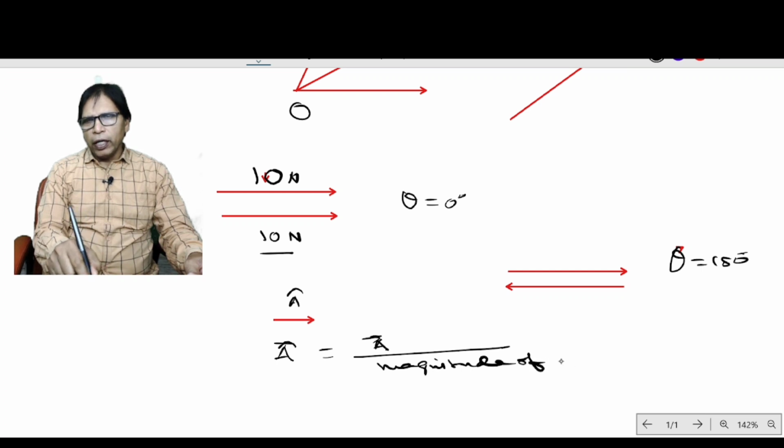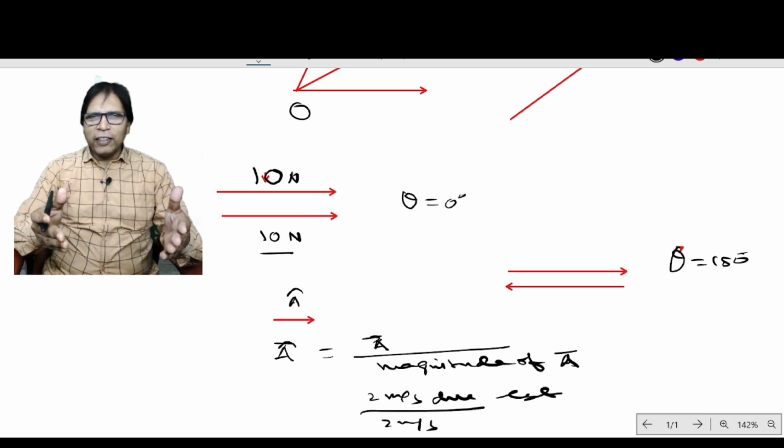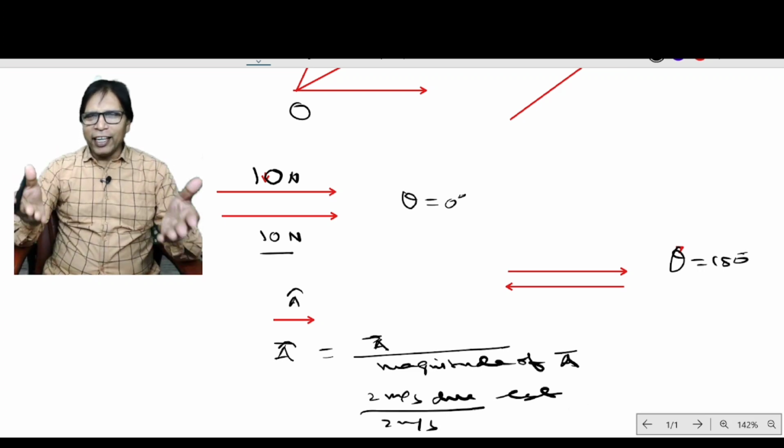Suppose velocity of a body is 2 meter per second due east. If this is divided by 2 meter per second, then we get only 1 due east. So 1 due east is the unit vector directed in the direction of east.